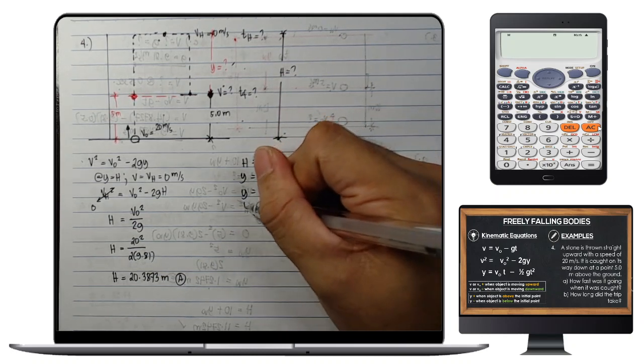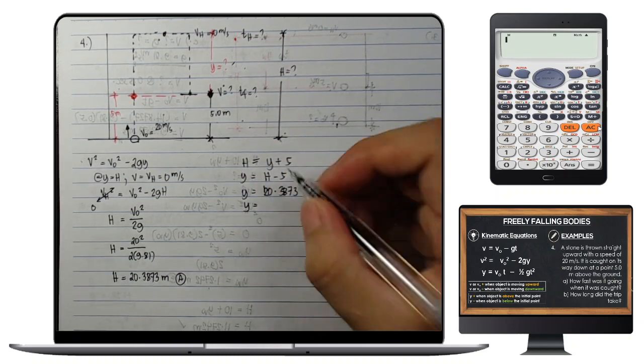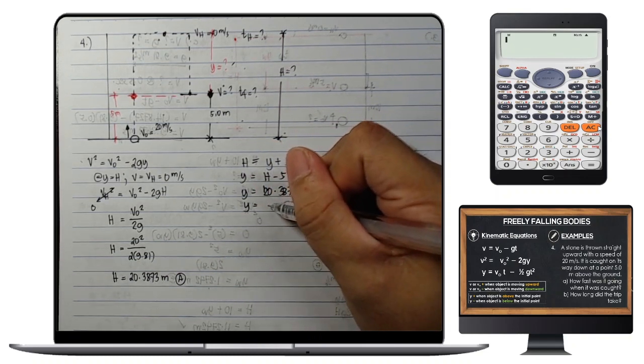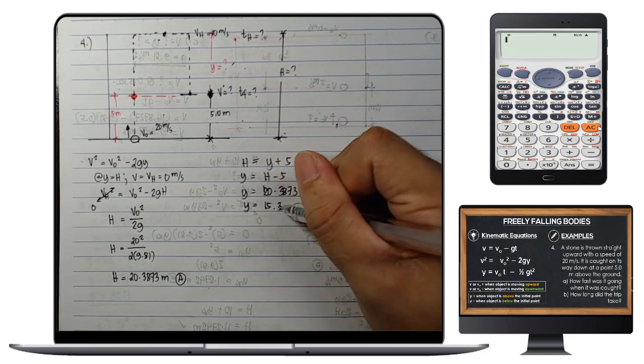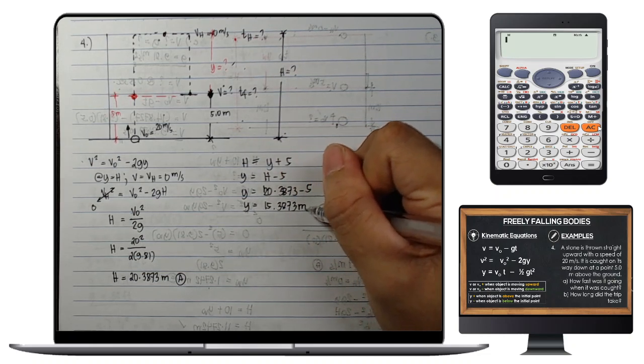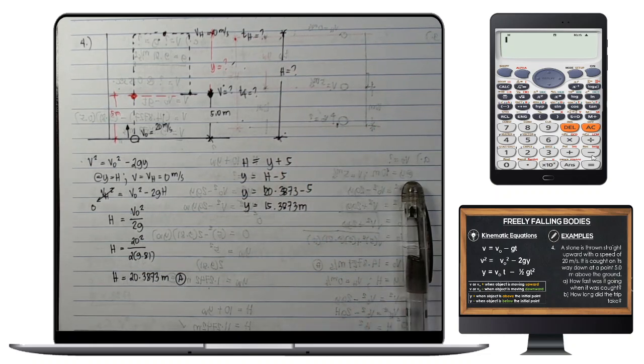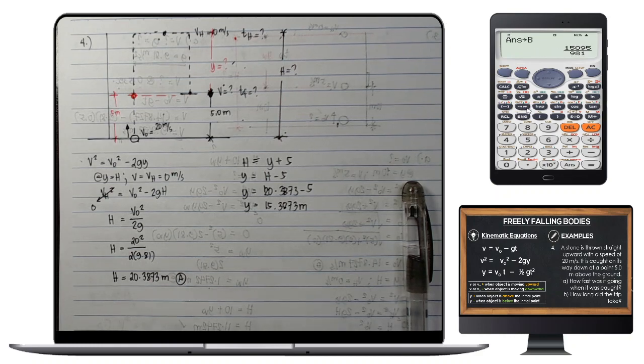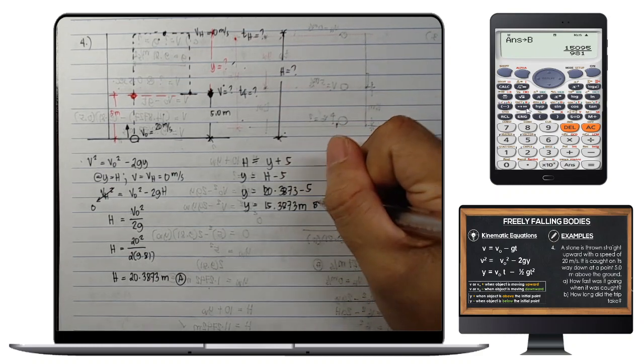So minus 5, yung value natin, y natin is 15.3873 meters. So, store lang natin to sa B.